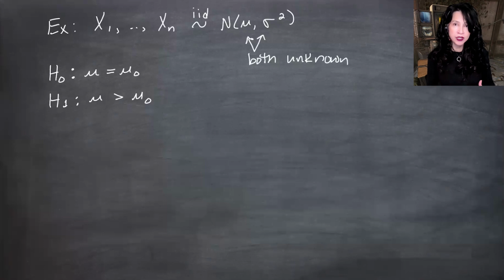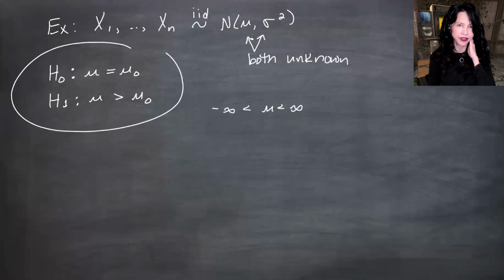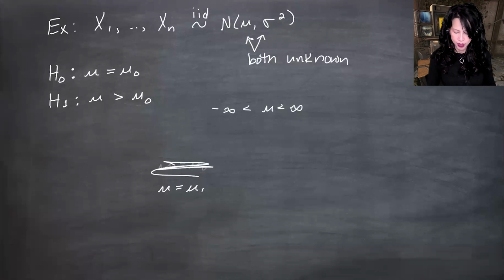The two hypotheses should really cover the entire parameter space, and mu goes from minus infinity to infinity. So this doesn't really cover it, but it is a simplification. We are more general than we were last time when we had just a mu equals mu naught versus a mu equals mu1 that was even more simplified. So we're working our way towards the entire parameter space.